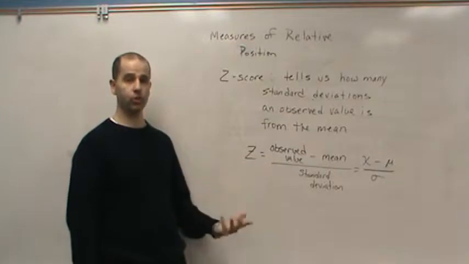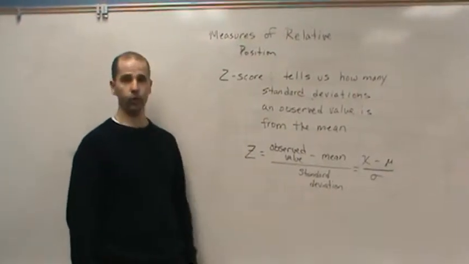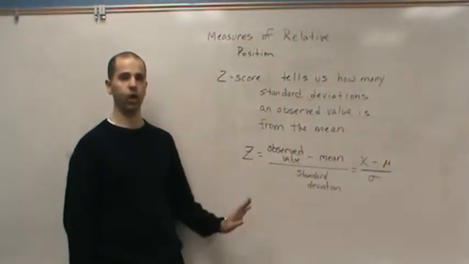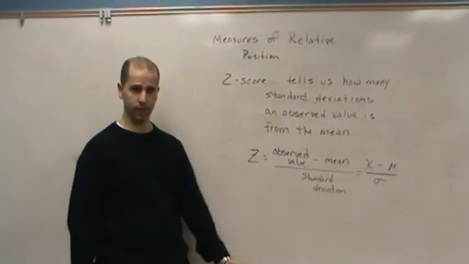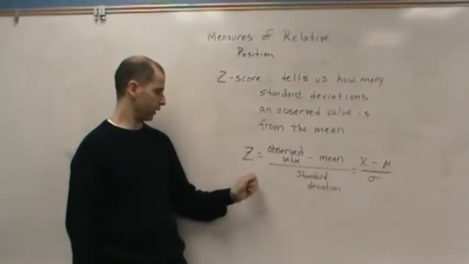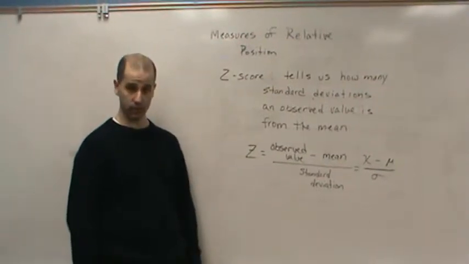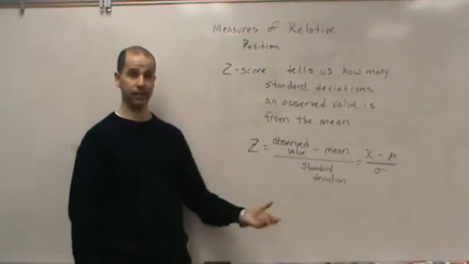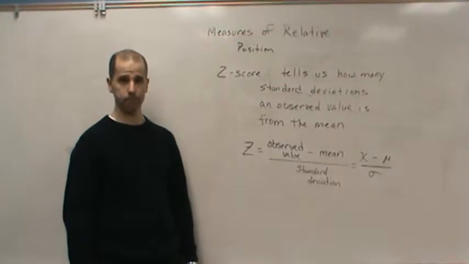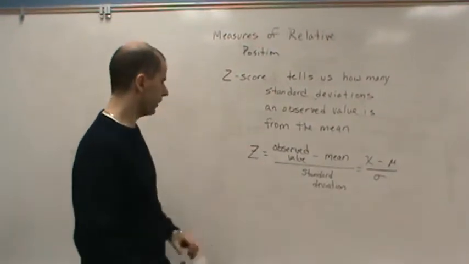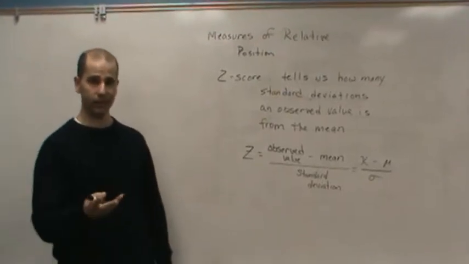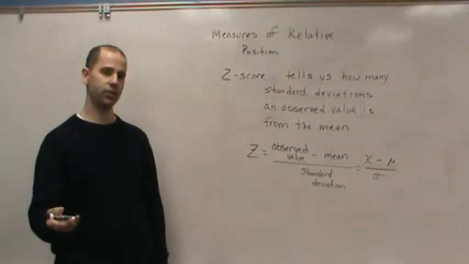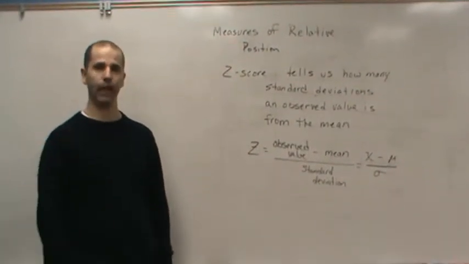If you're dealing with skewed distributions, we're not going to use a z-score. We'll cover that later. Later on, we're going to talk about a special bell-shaped and symmetric distribution that comes up a lot, and that's the normal. So this is the calculation for the z-score, and all it tells us is how many standard deviations above or below the mean a value lies.